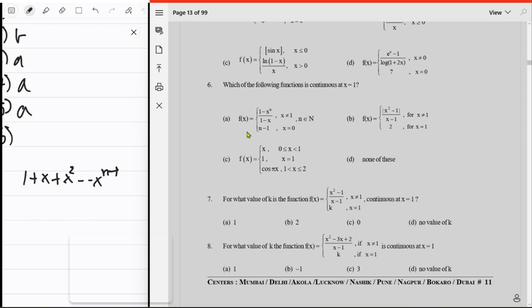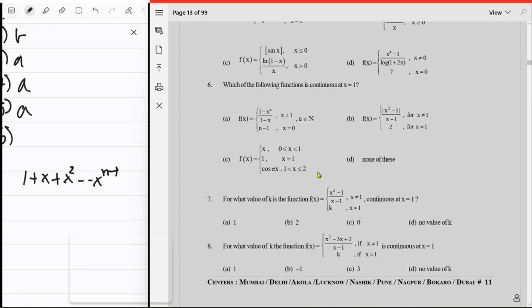Oh, wait, it's not defined in the first place. So it's a hole discontinuity because it's not defined at x equal to 1, right? And what's this n minus 1 when x equal to... Hey, where's the definition for x equal to 1? You didn't do that. Uh-oh. That's not good. That's definitely not good. It's like n of these guys. Sure.